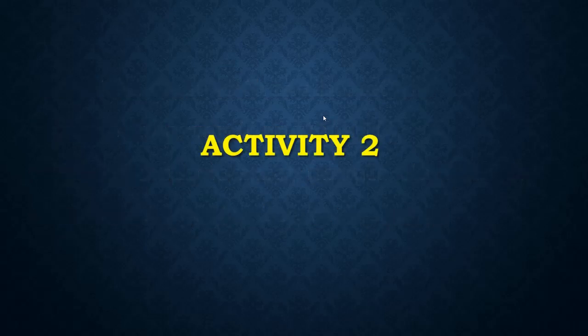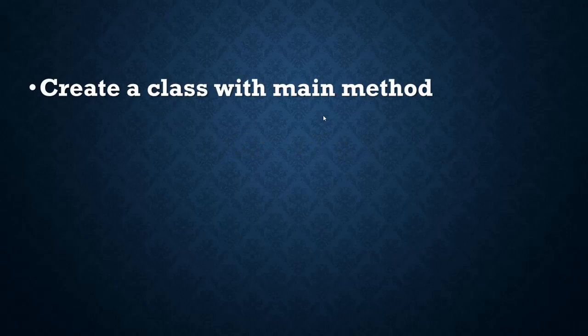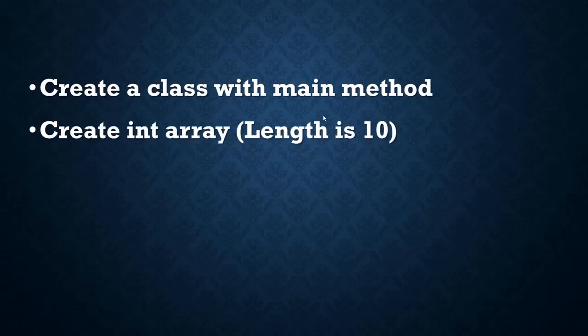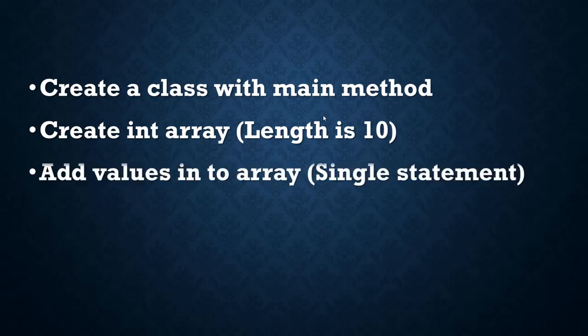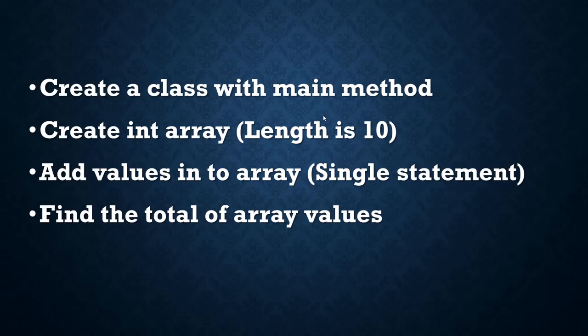Now activity 2. Create a class with main method. Create an integer array and length should be 10, and same as previous, add 10 values into the array. It should be a single statement, and then find the total of array values. Now what you have to do: you know how to create a class with a main method, and how to create an array and initialize the 10 values.